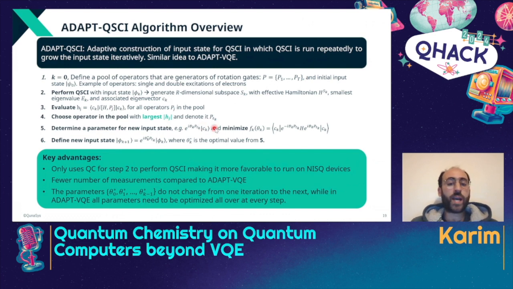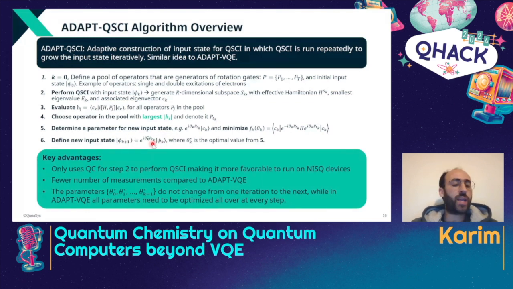And then you use that operator to construct the next step of your input state, with some parameter theta_k. You minimize this function here to find the optimal value of theta_k, which we denote as theta star, and then we inject that into the input state phi_{k+1}, at step k+1. As I was saying, theta star is the one that we get from this minimization. So your new input state is the one given here.